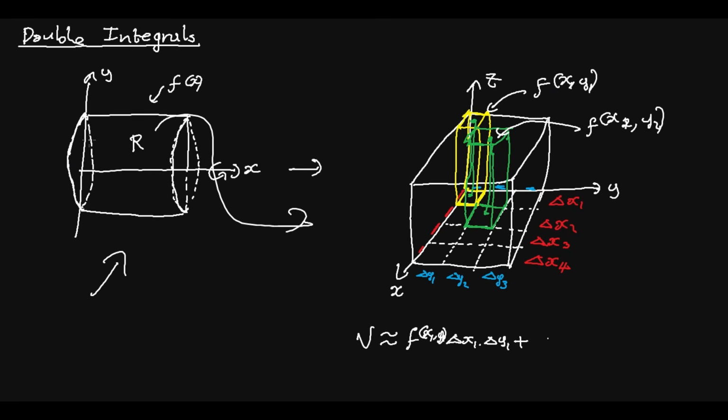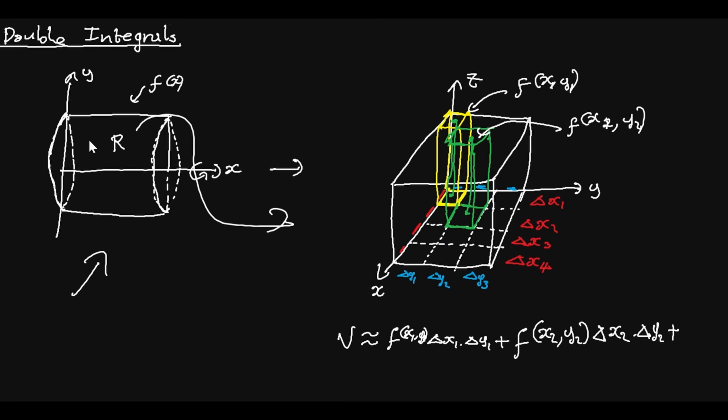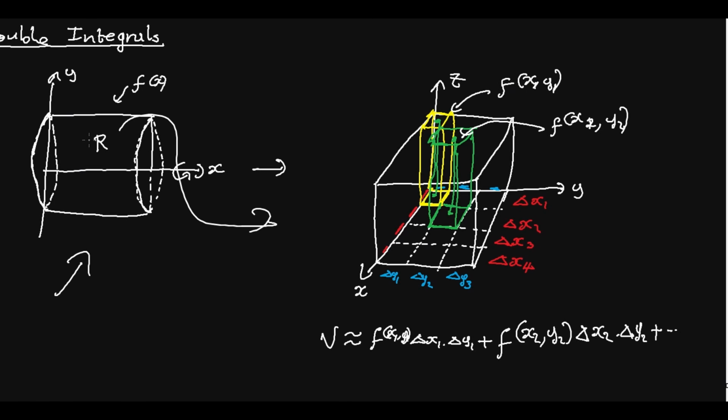So therefore the volume is f of x2, y2, and the dimensions at the base are delta x2 times delta y2. Right, so this will be plus, get the idea, up to some f of, there's not enough space.